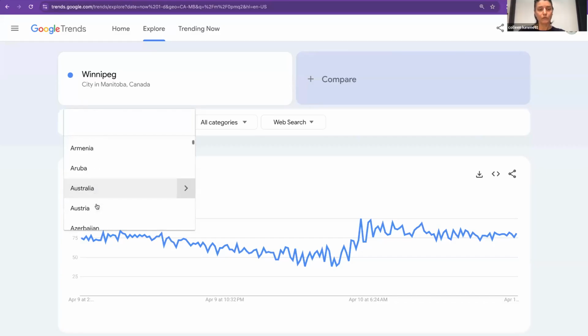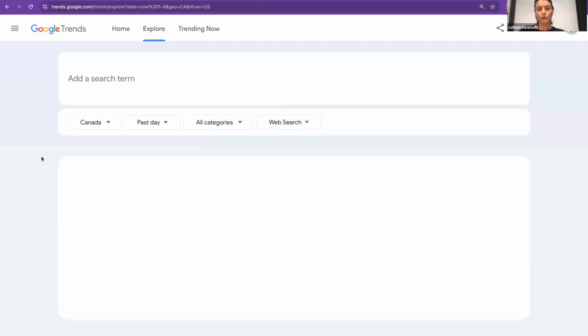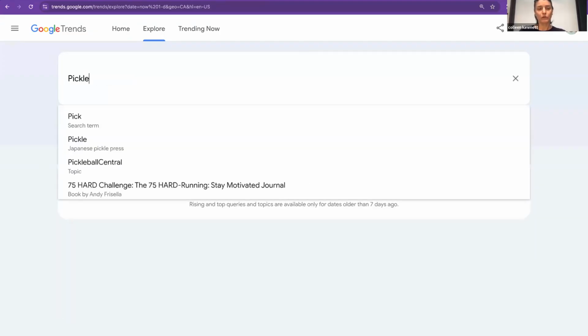Let's bring this back to Canada. You can also compare different regions. So we looked up, for example, I'm going to pick a search term, pickleball.